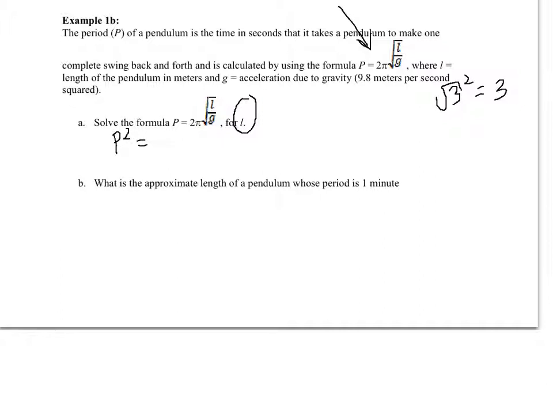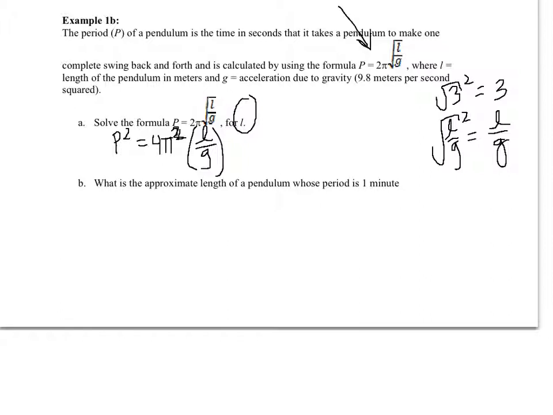Let's square the 2 pi, and we get 4 pi squared, because 2 squared is 4, and pi squared is pi squared. And then if we square the square root of L over G, that equals L over G. So we're getting rid of that square root. Times L over G.